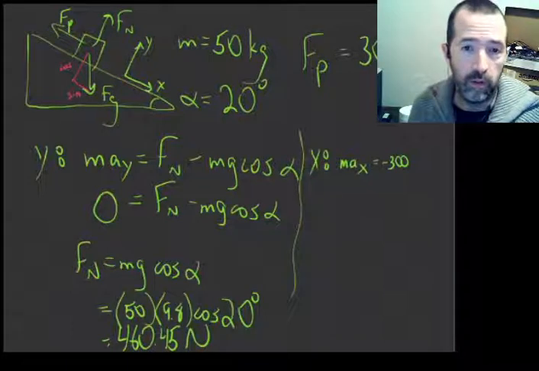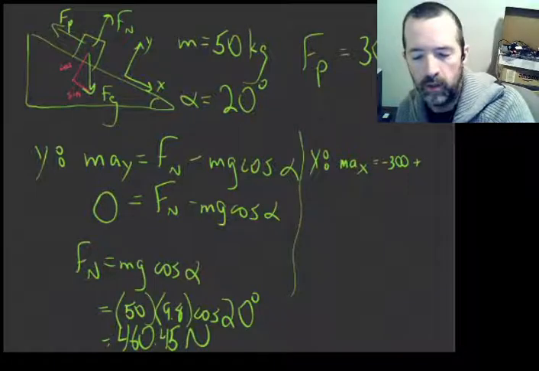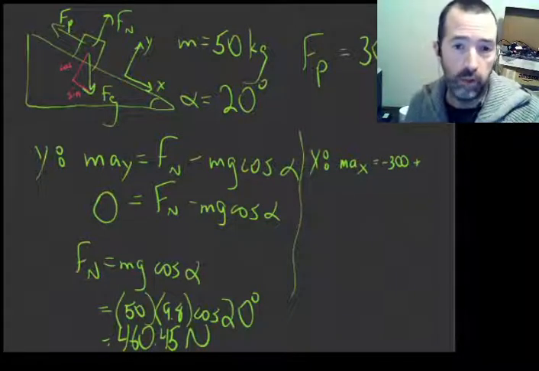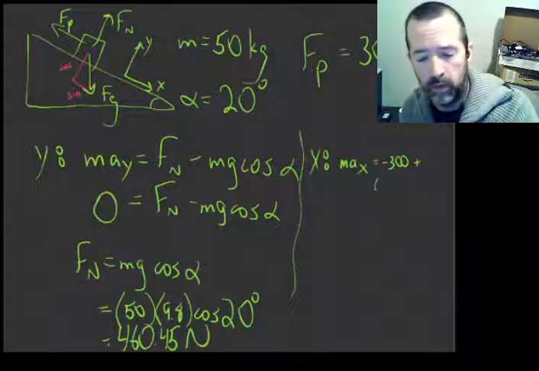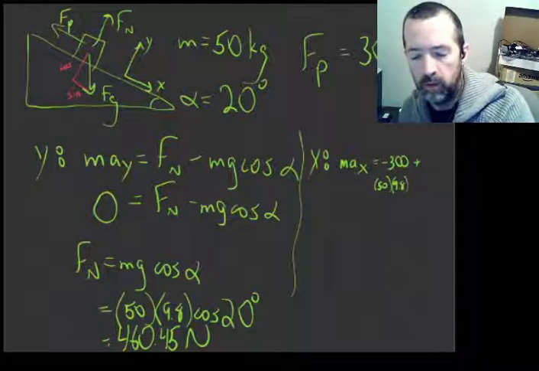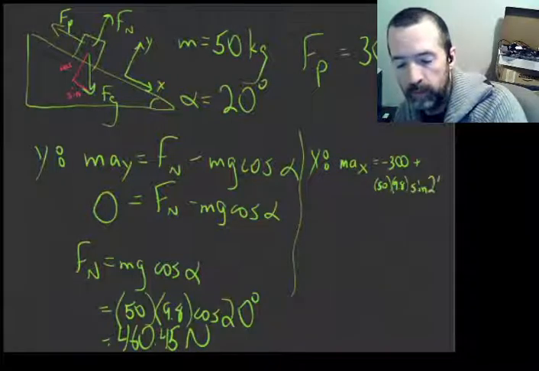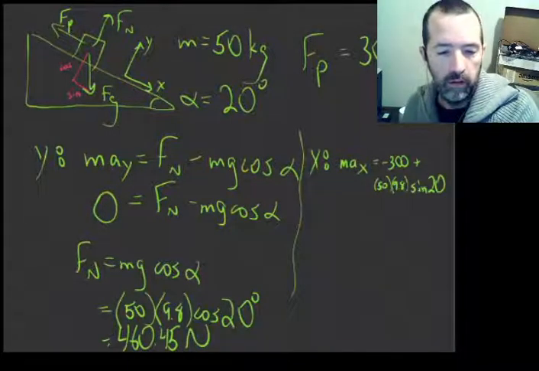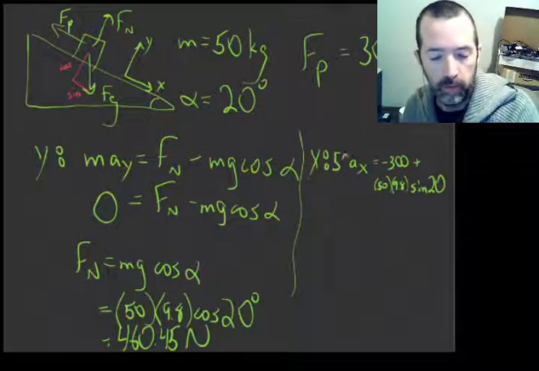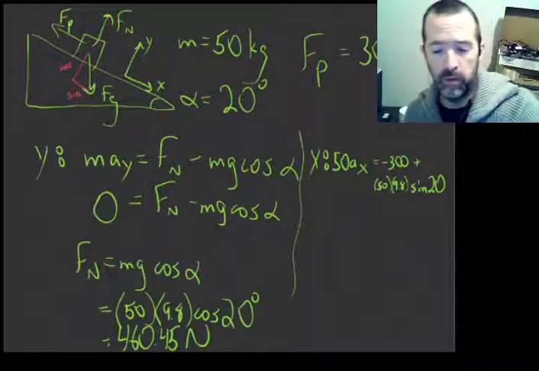And then there is the parallel component of the gravity. I'm going to have to squeeze that in underneath, which would be mg sine alpha. Mass is 50, g is 9.8, and sine 20. I'm going to go ahead and erase that mass and just put 50 over there also. So that's what I've got going on in the x direction.